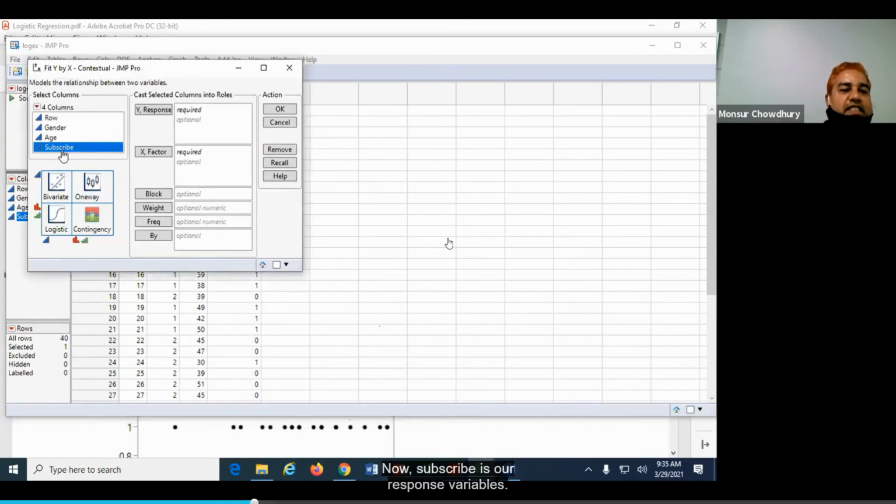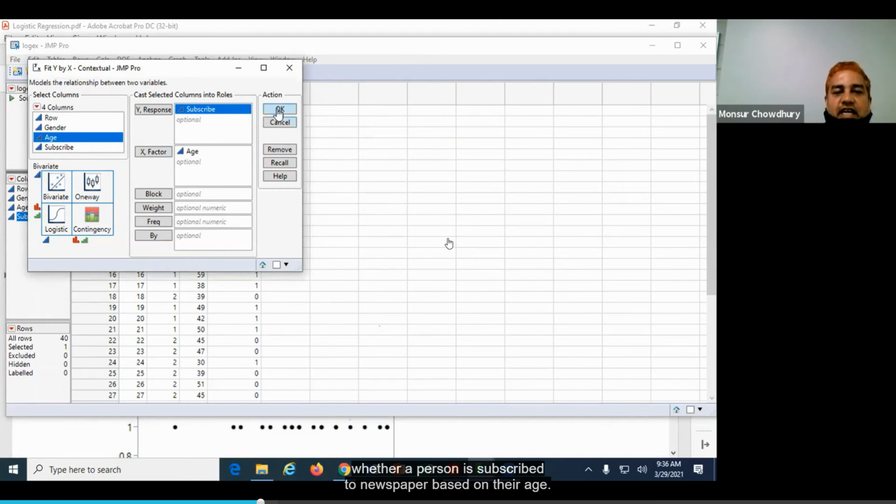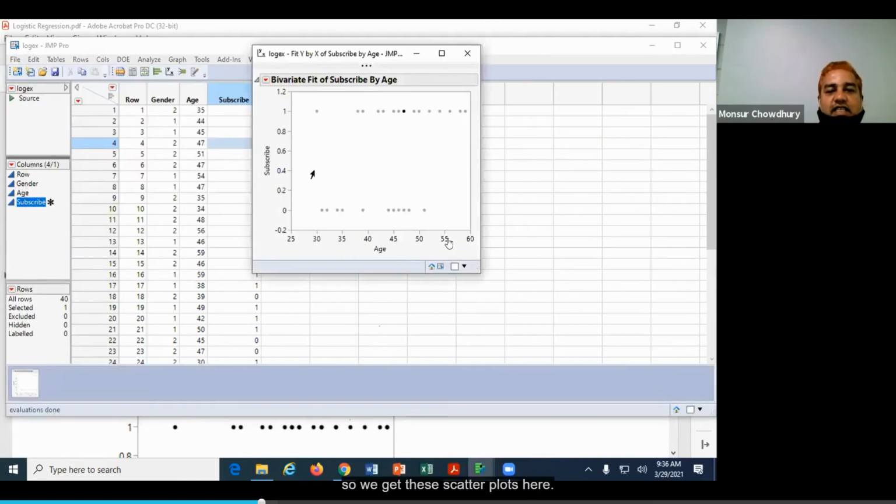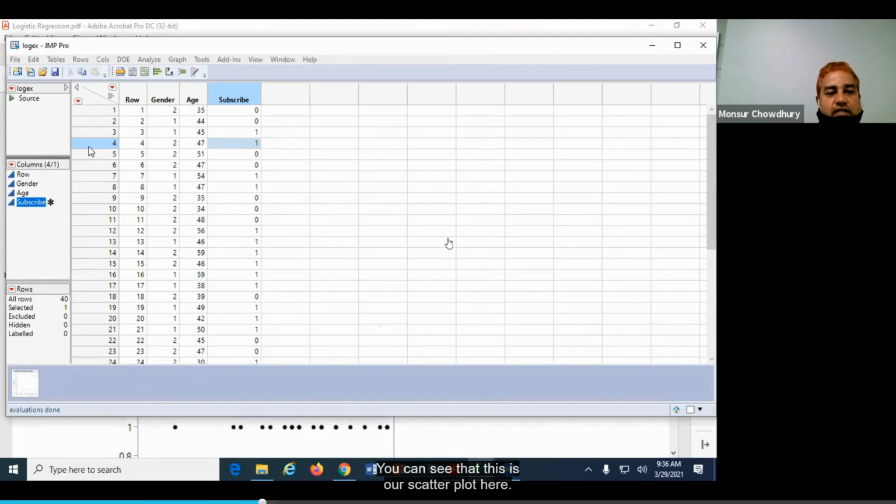Subscribe is our response variable, and age is our factor, the continuous predictor. We'd like to predict whether a person will subscribe to a newspaper based on their age. If we fit this model, we get this scatter plot.